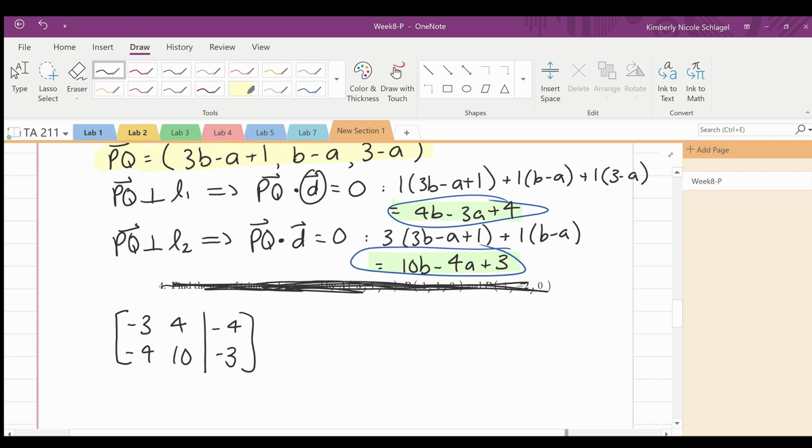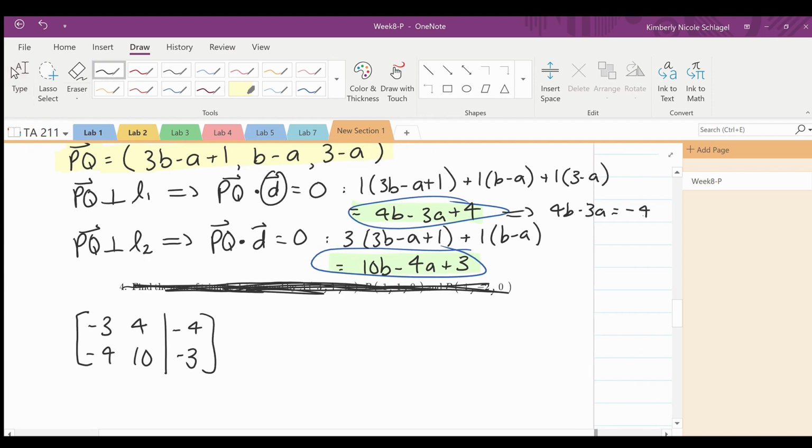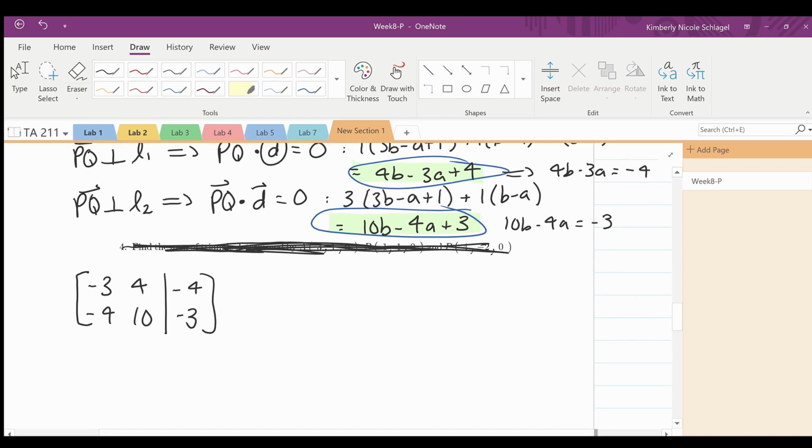And why is that? Well, it's just if I go 4b minus 3a equals negative 4, and 10b minus 4a equals negative 3. That's all I did, is I moved the single coefficients over to the solution side.